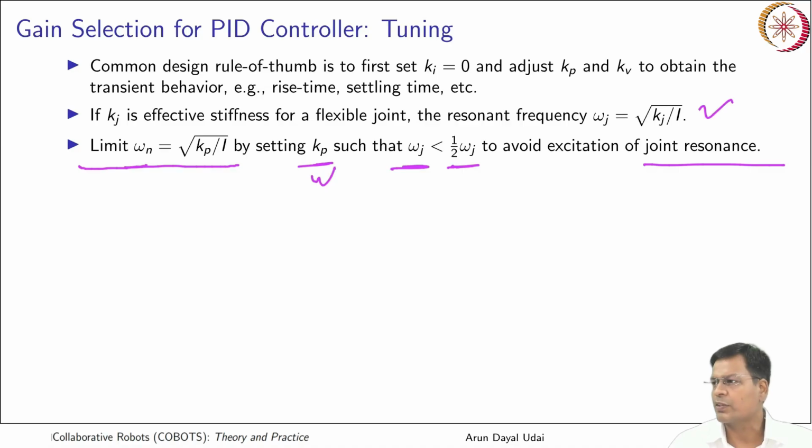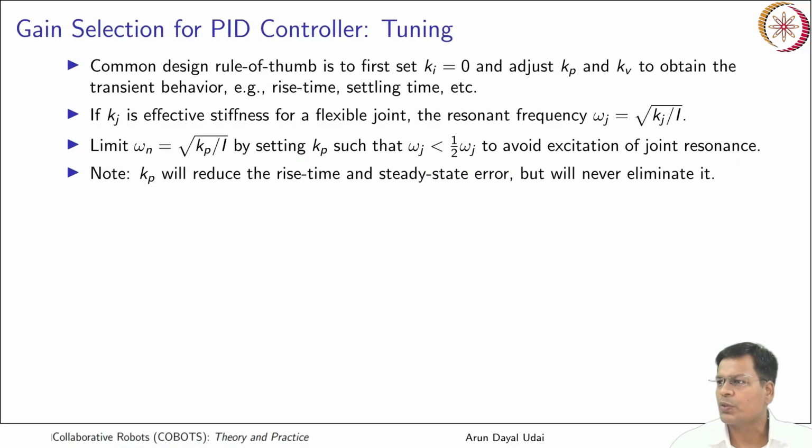You should not make it oscillate to a very high resonant value, so you should avoid that. To do that, take omega n as the square root of Kp by I. This is the thumb rule you should follow.